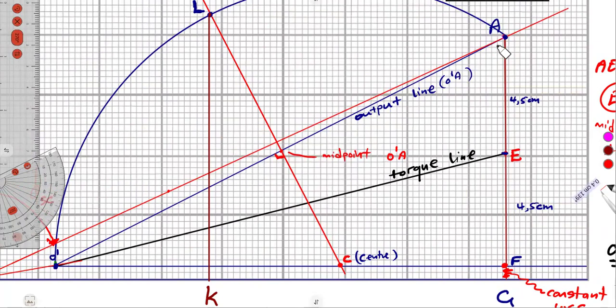This one from the origin, this one that is in red, is not important. You do not label anything on that one. You label from this O bar.